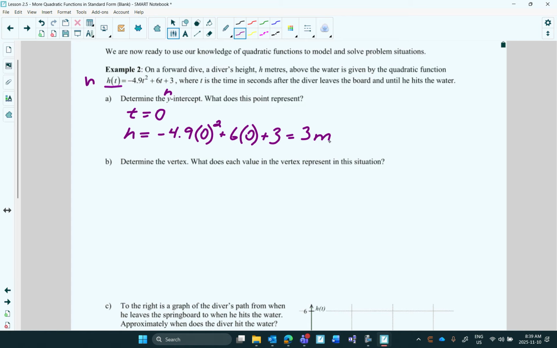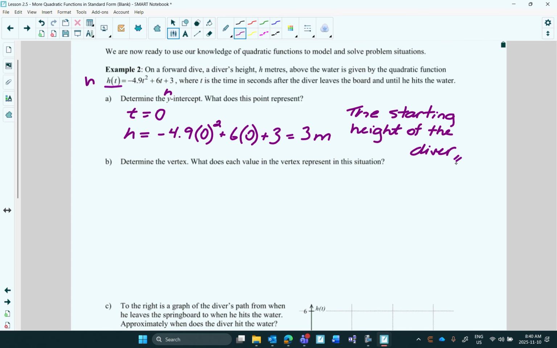So this represents the starting height of the diver. So that's one piece of information we can get from this problem.